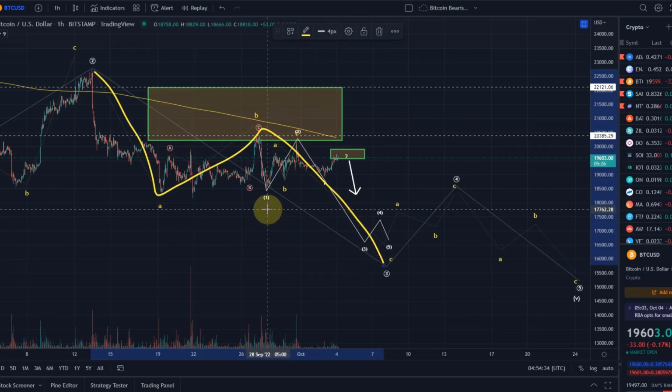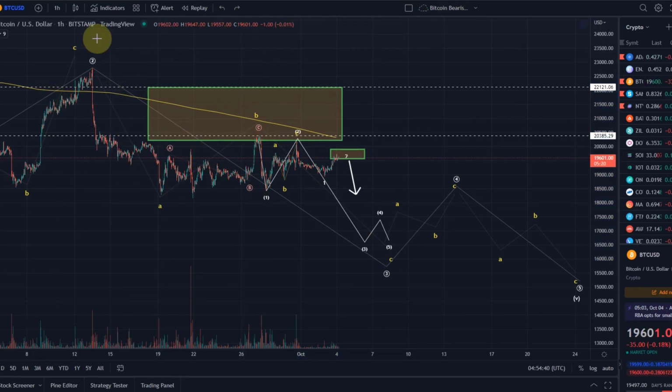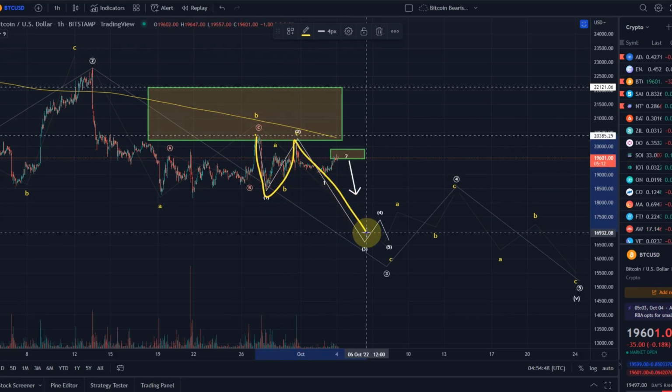And a wave C again is a 5-wave move, and we could say that we did the wave 1 already, we did the wave 2, and we're now in the wave 3 of wave 3 of C of 3.